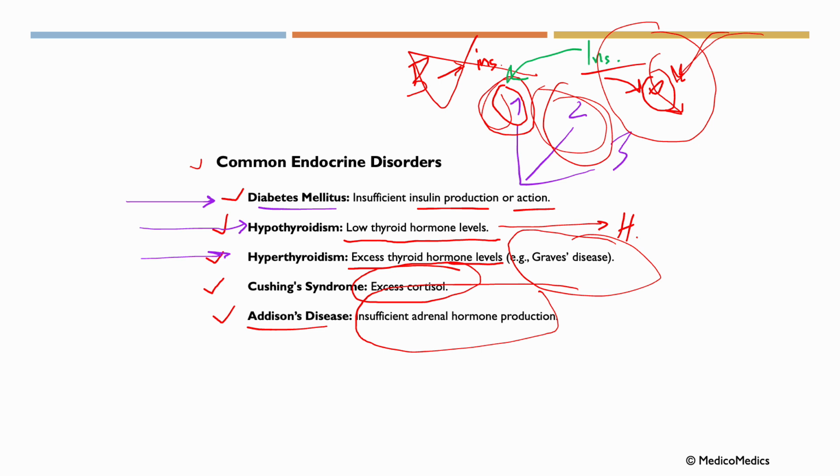When we talk about the thyroid, we almost always talk about its relation to the pituitary gland, the hypothalamus, etc. They rarely work in isolation. However, if they do, we can correlate the thyroid to these two, pancreas to this one, and the adrenal glands to these two.